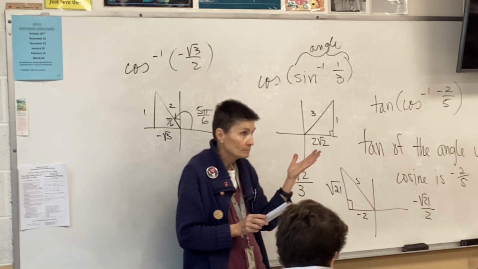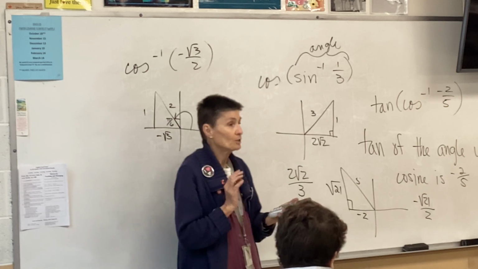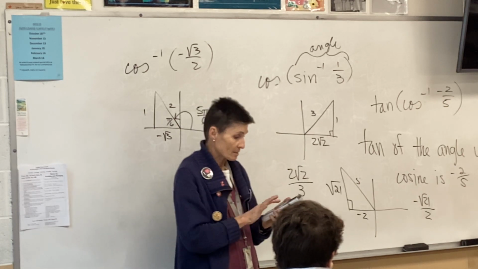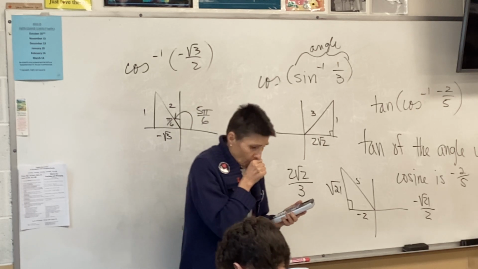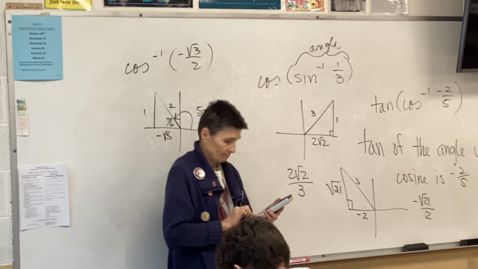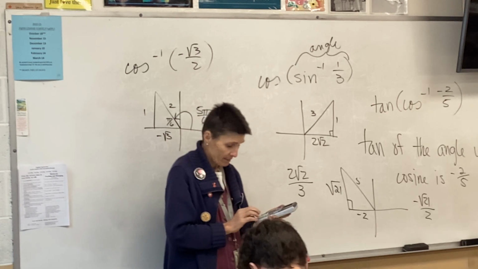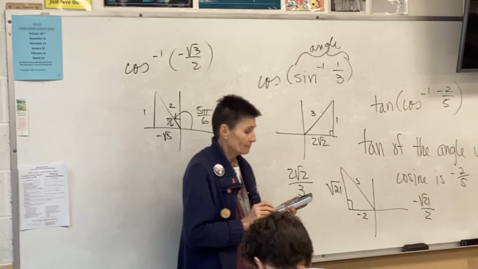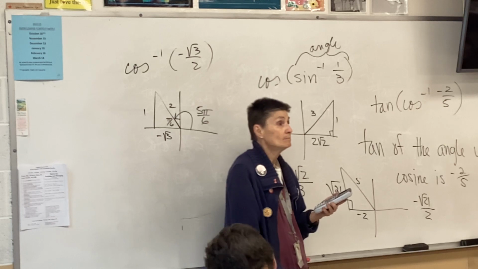Incredibly simple. Okay. Now, same thing, only we're going to do it in radians. So set your calculator in radians. All right, second cosine, 0.123. 1.447.